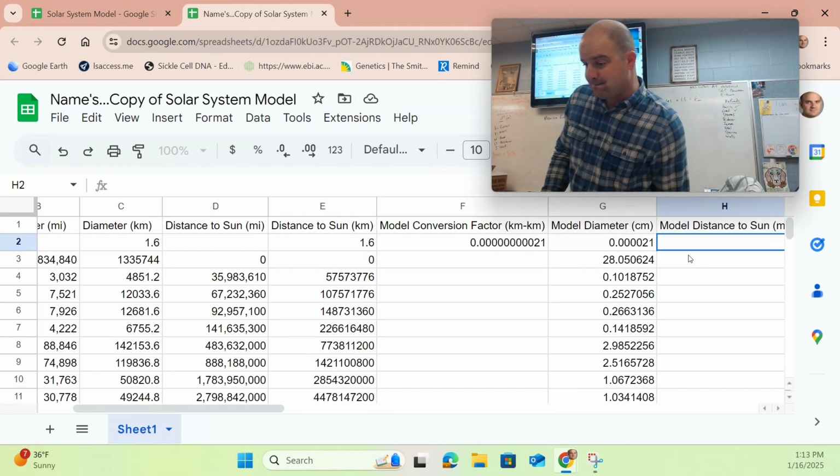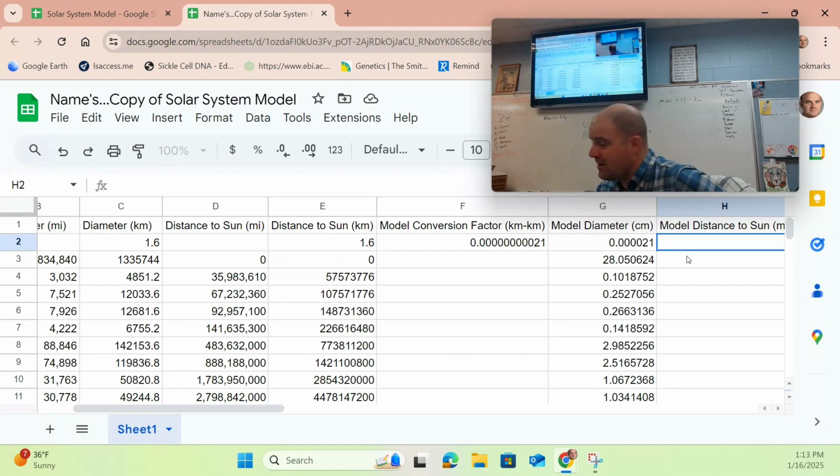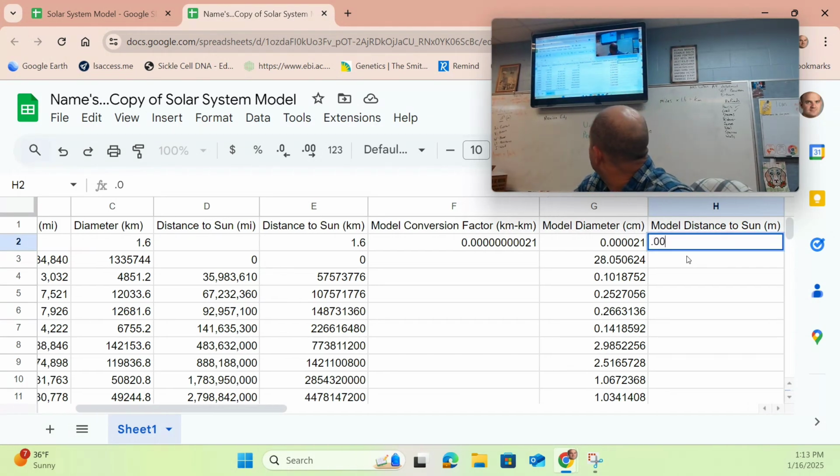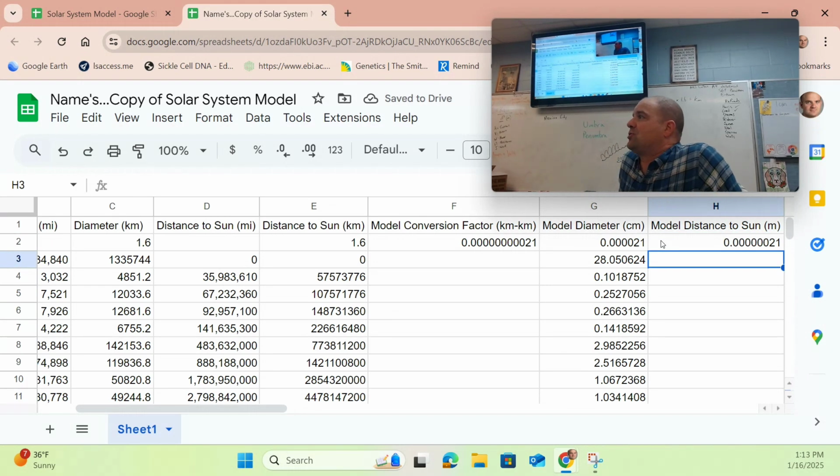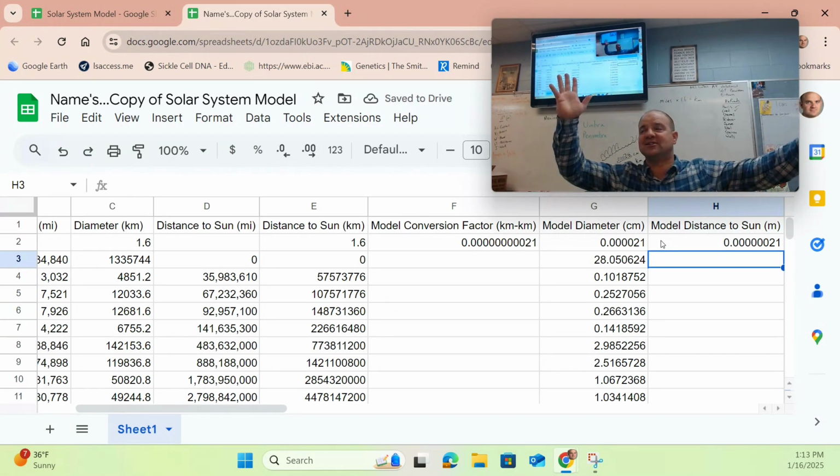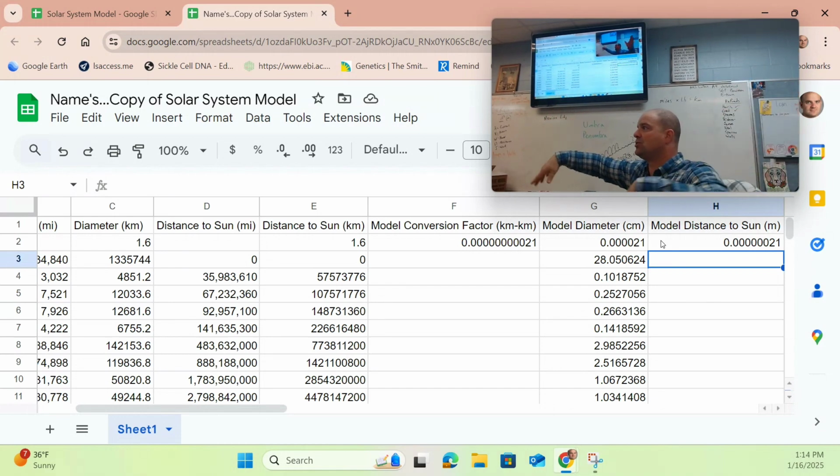So we'd have 0.000000021 as our custom conversion factor to go from the actual distances in kilometers to our model distances in meters.